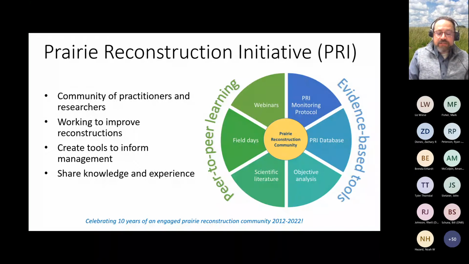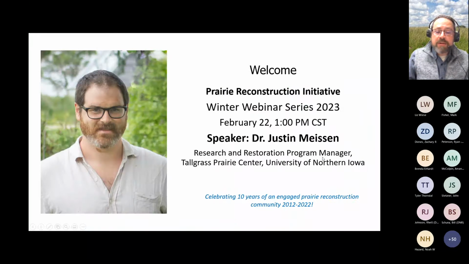Justin leads the research and restoration program at the Tallgrass Prairie Center. Justin's focus is on implementing restoration research and demonstration projects, developing training seminars, and leading the ecological restoration efforts at the University of Northern Iowa's 300-acre Irvine Prairie.